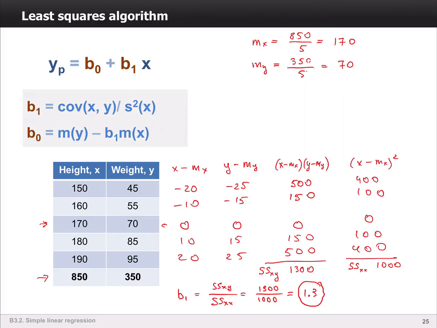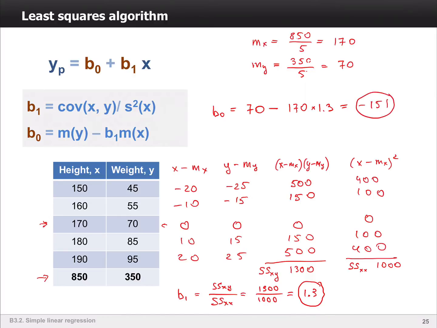Now, how to calculate the intercept? Well, we already know the average y and average x, so we need to multiply average x by 1.3 and subtract it from 70. So B0 is 70 minus 170, times 1.3, which gives us minus 151.